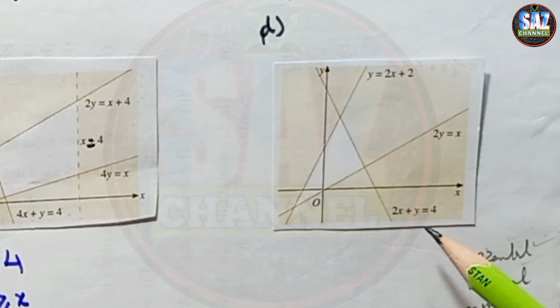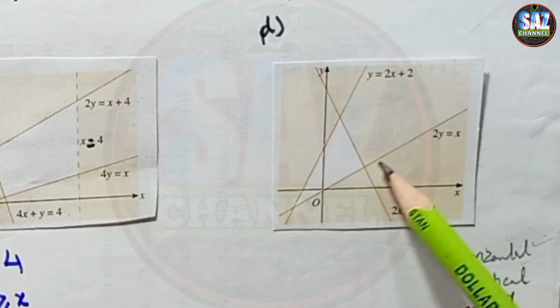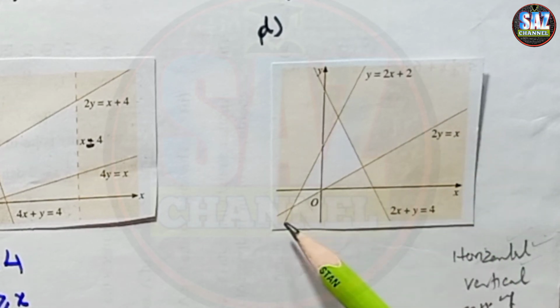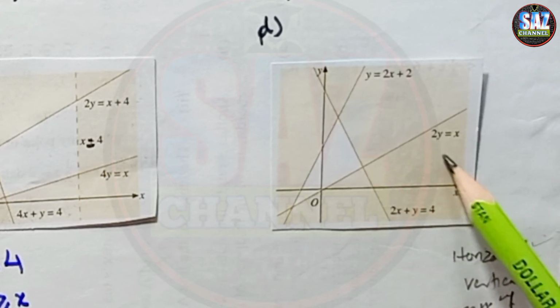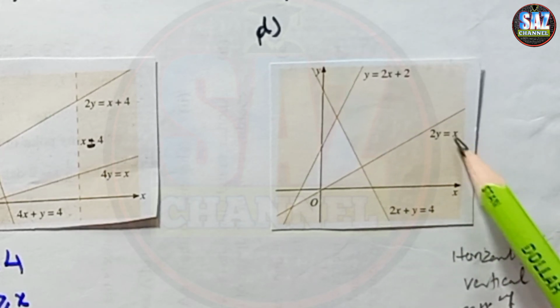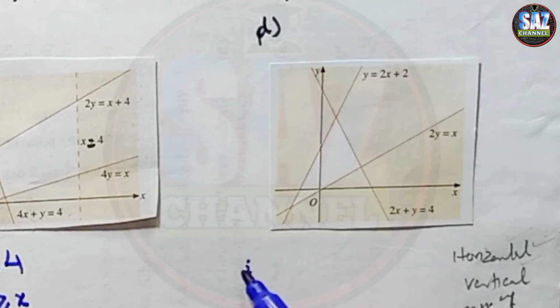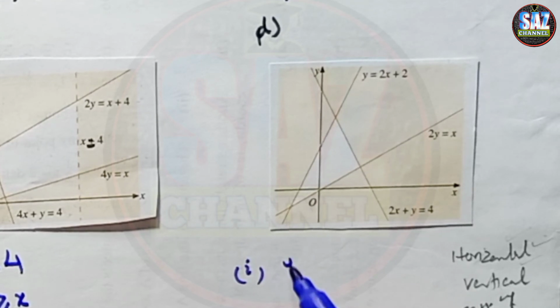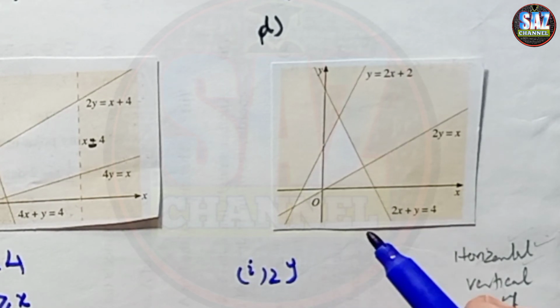Suppose we begin with 2y equals x. Observe the graph carefully, the shading is below this line. So the inequality associated with this will be 2y is greater than, let me confirm whether we are given a dotted line.